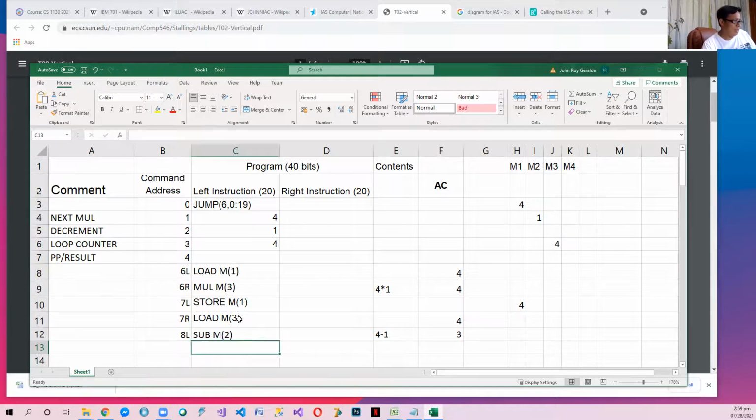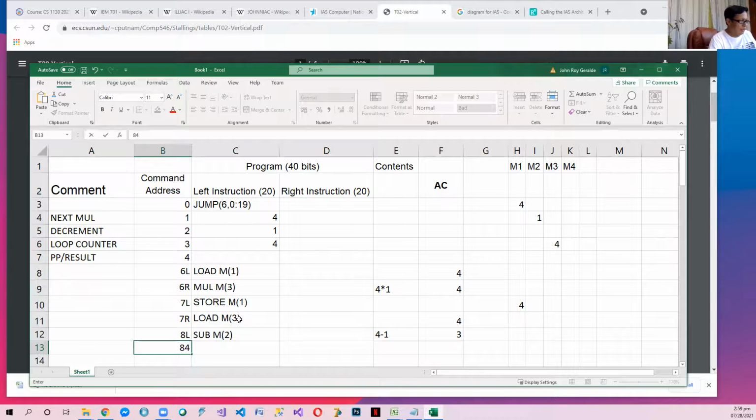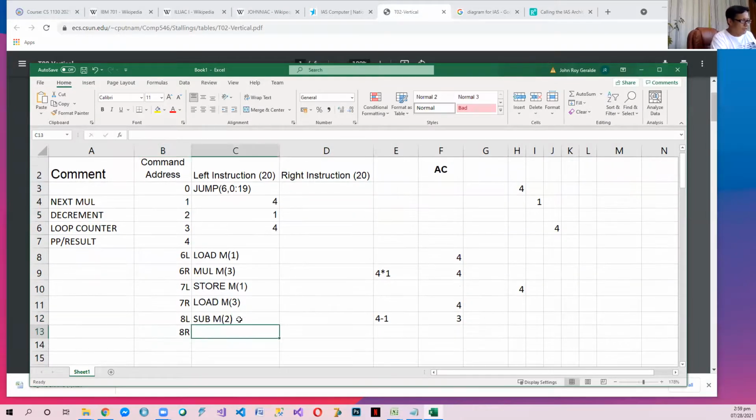Okay. And then we say an 8R, we say jump plus. Where do we jump? 6, 0 to 19. Okay. Do you follow?